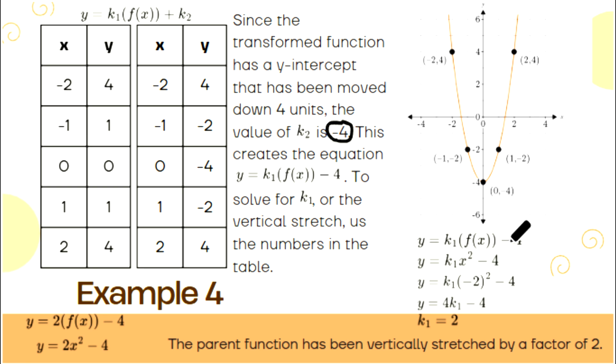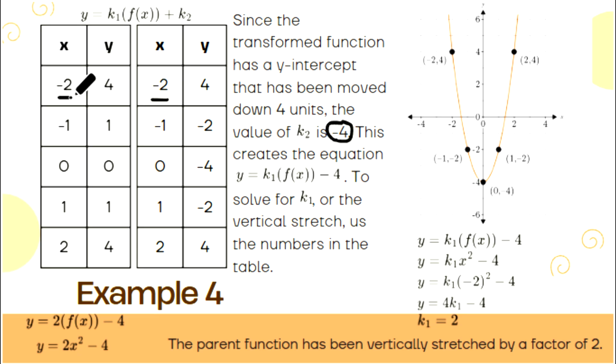So the first thing we're going to do is simplify. So f of x we know is x squared because the parent function is y equals x squared. So that gives us y equals k1 times x squared minus 4. Okay. Now, what we need to do is figure out a value for x right here. We're just going to use the first one, which is -2.